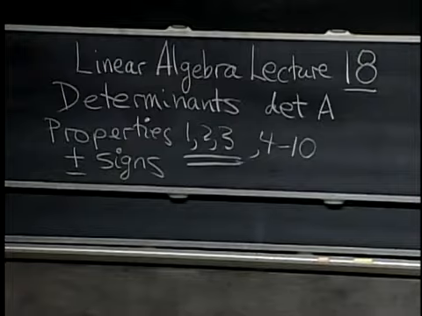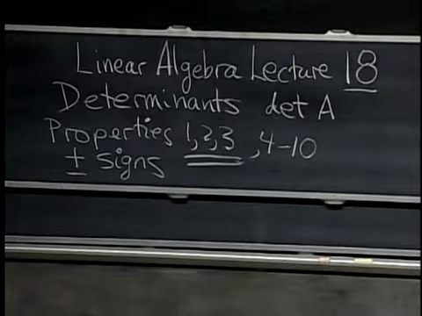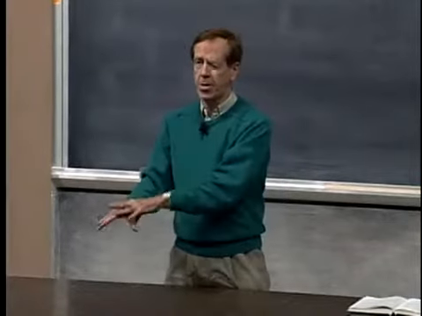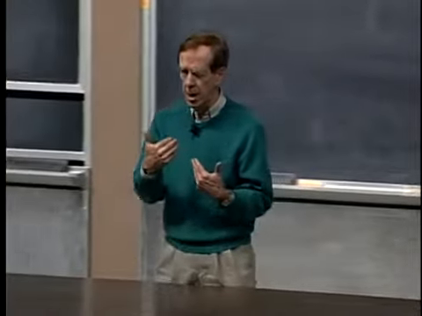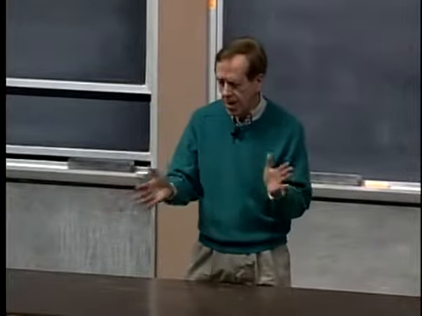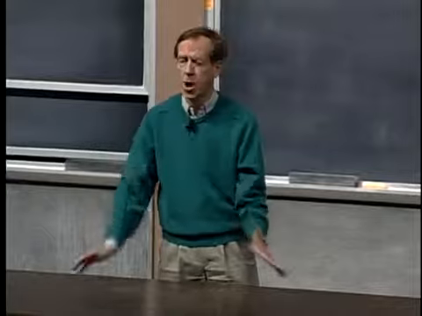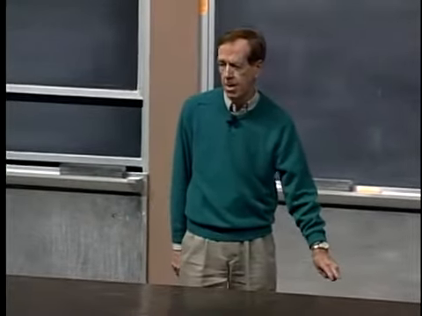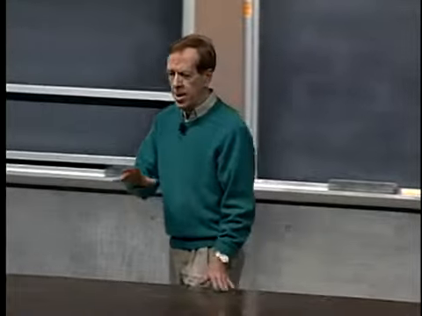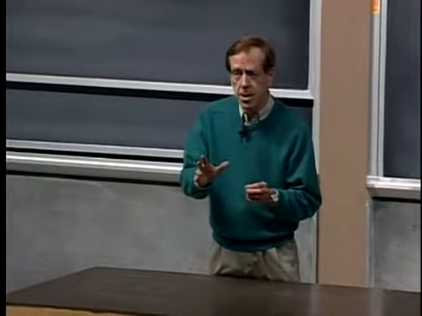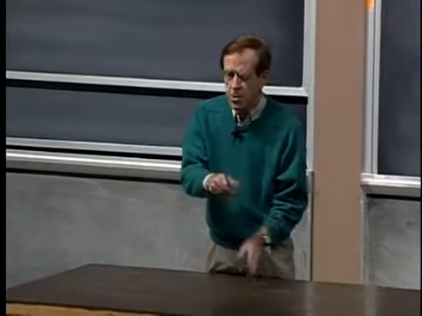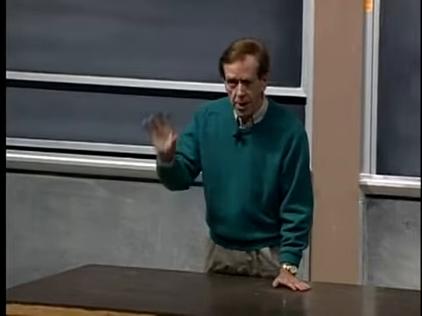And the big reason we need the determinants is for the eigenvalues. So this is really determinants and eigenvalues, the next big chunk of 18.06. Okay, so the determinant is a number associated with every square matrix.